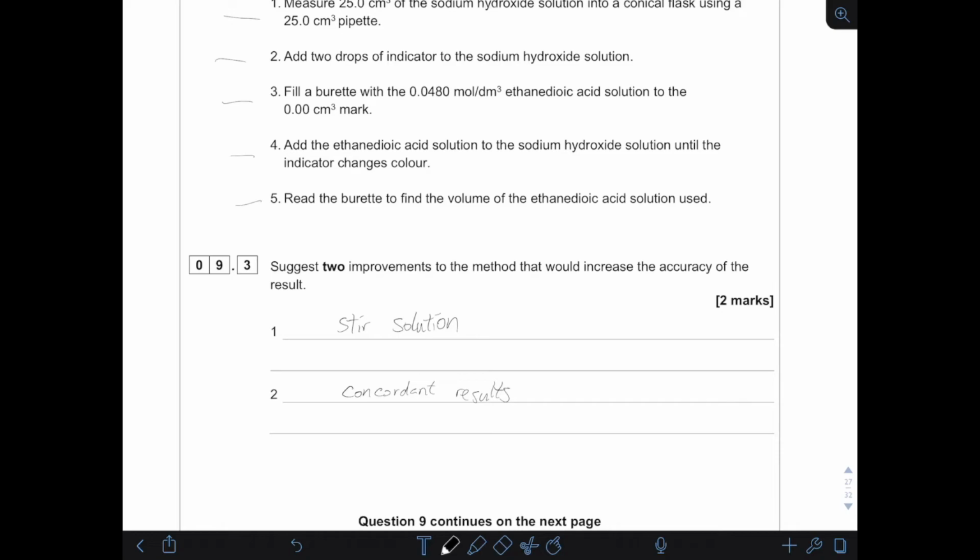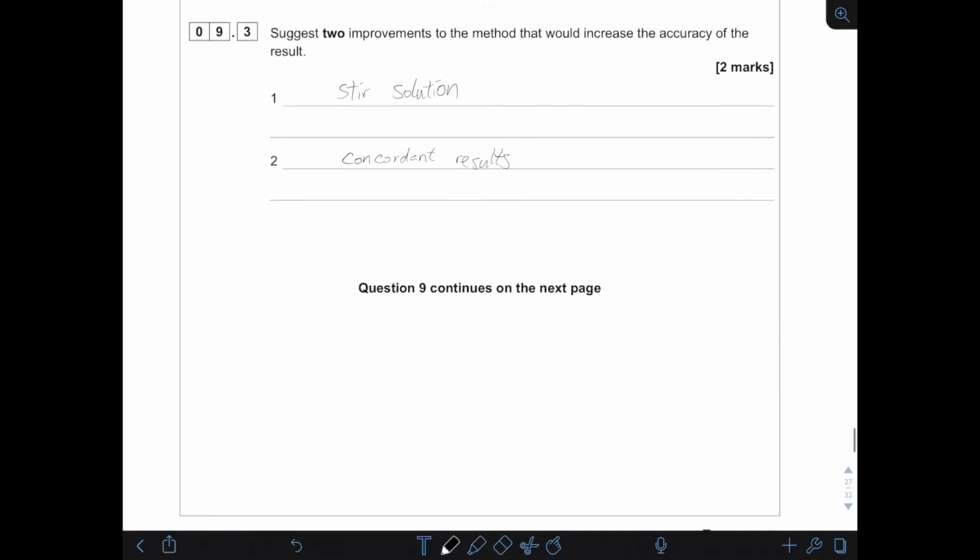There will always be some error though, so concordant only means it's close enough. It's not absolutely exactly the same, because you always have error, but things like that is fine. And yeah, anything that helps you determine the endpoint is fine.